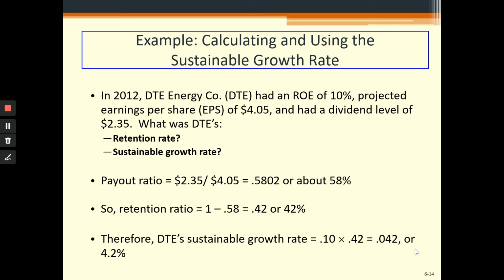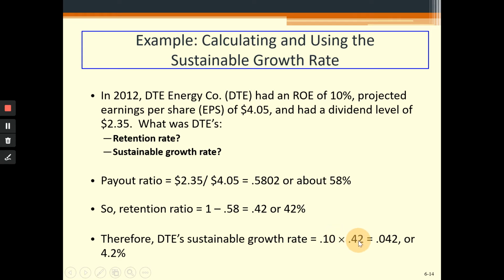It turned out that the company pays 58% of earnings per share in the form of dividends. And obviously they are retaining 42%, which is 1 minus 58%. So the sustainable growth rate is the return on equity, 10%, multiplied by the retention ratio, 42%. In decimals, 42% means 0.42. You divide the percentage by 100 to get the decimal.